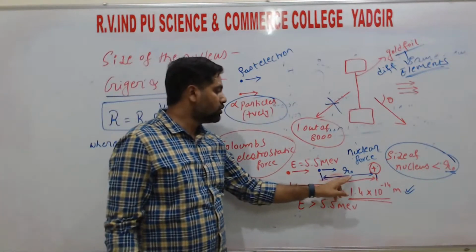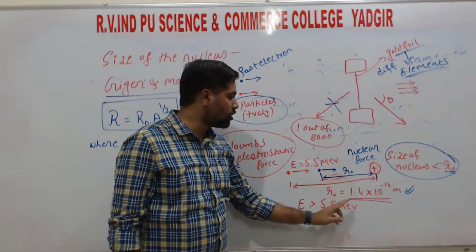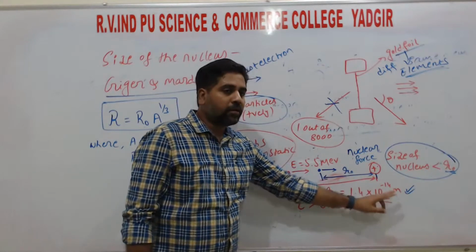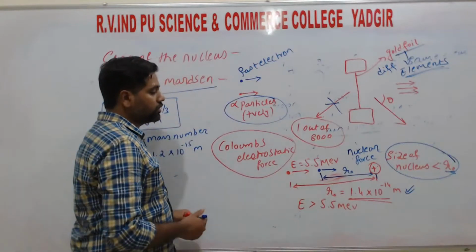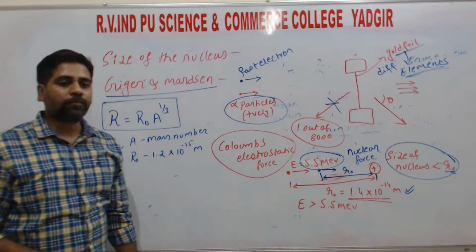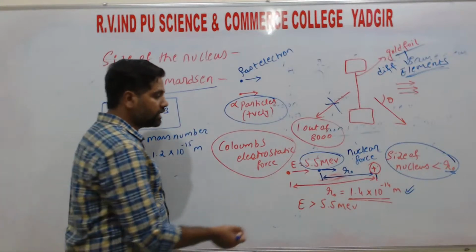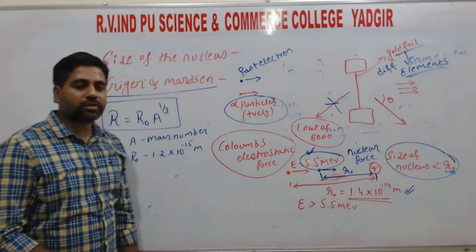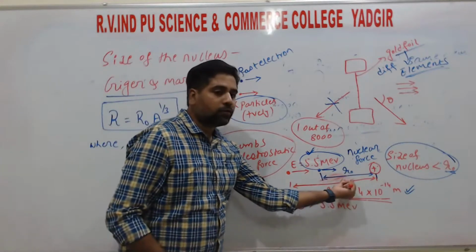Then we have the distance of closest approach, R naught, which is 1.4 into 10 to the power of minus 14 meter, when the alpha particle is moving with an energy of 5.5 mega electron volt. If you further increase the energy of the alpha particle, then the distance of closest approach becomes very small.